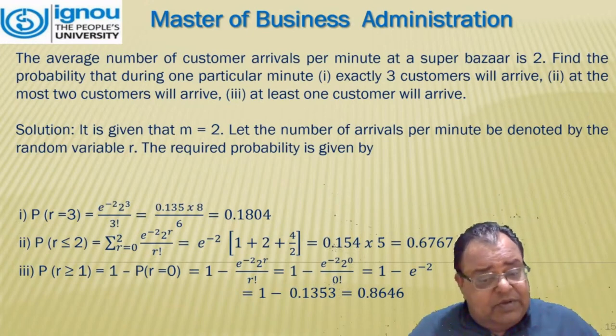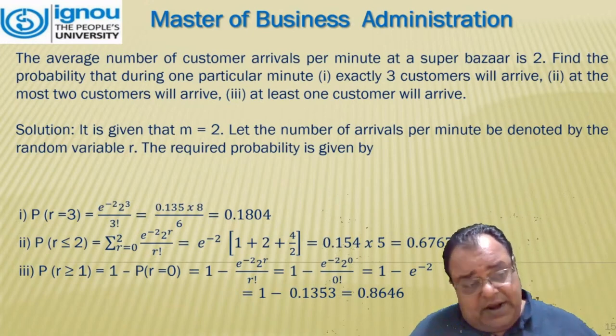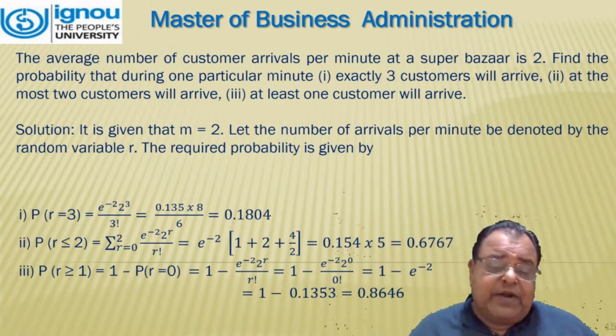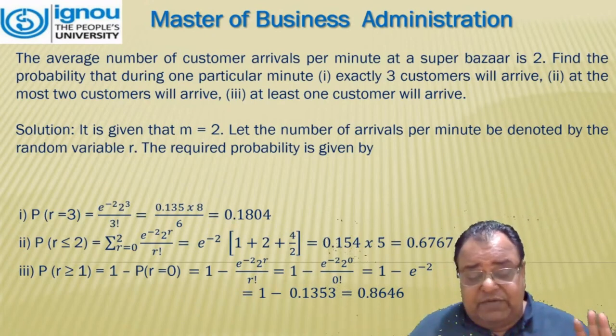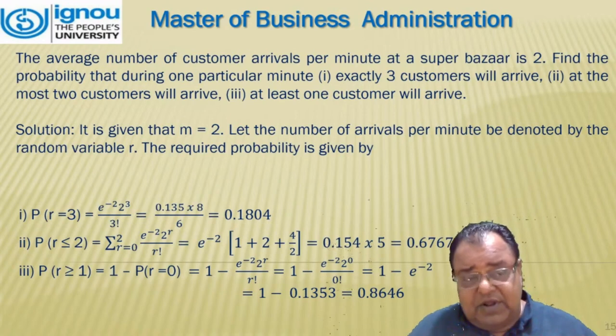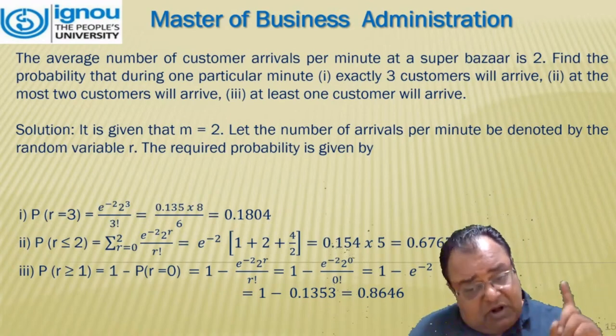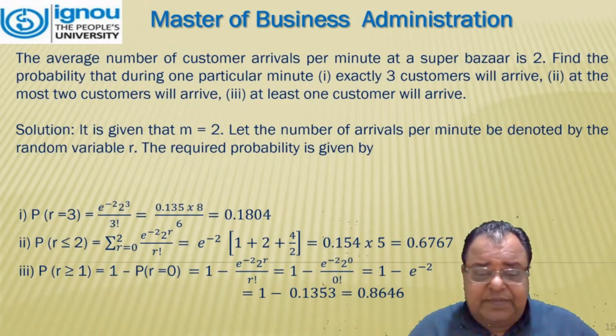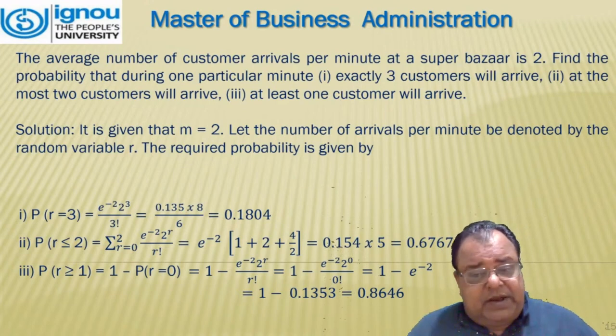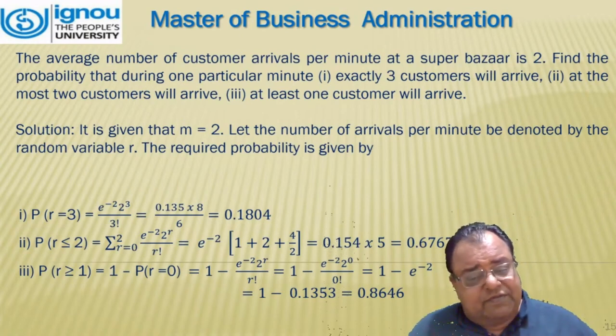Our r is 0, anything raised to the power 0 is 1, and 0 factorial is 1. Don't get confused that 0 factorial is 0. 0 factorial is 1, and anything raised to the power 0 is also 1. So we are left with e raised to the power minus 2. After subtracting its value, we get 0.8646.